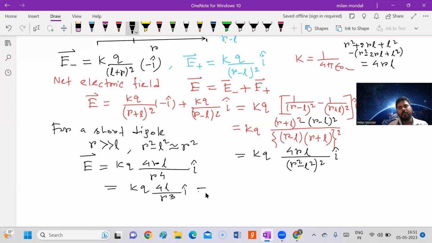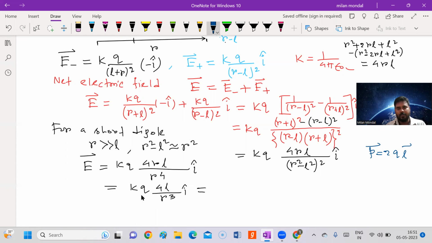Now you have to remember one thing, as I have already discussed: for the dipole, the main parameter is the dipole moment. So again here, we will try to write this electric field in terms of the dipole moment. We already know that dipole moment P is nothing but 2QL, because 2L is the separation between the two charges of the dipole, and Q is the charge of each charge of the dipole.